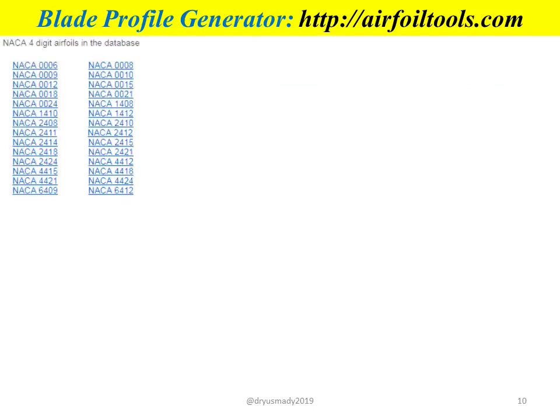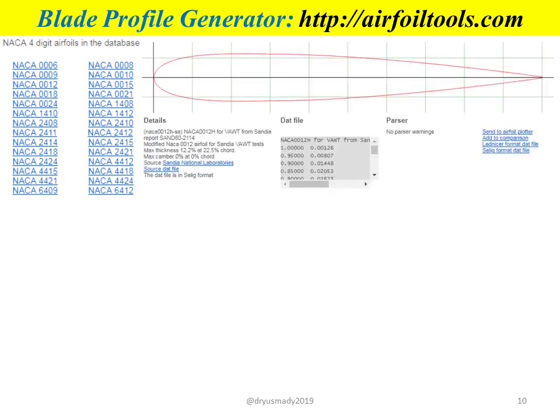Other than that, the website also provides a database for different kinds of standard blade profiles, for example Nakka 0006, Nakka 0009, and so on. By clicking the code, the website will show you the shape of the blade profile, and you can also copy the X and Y coordinate data and paste it in your drawing software to redraw the blade profile.